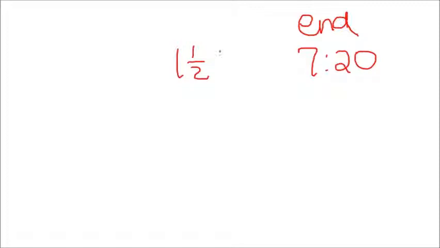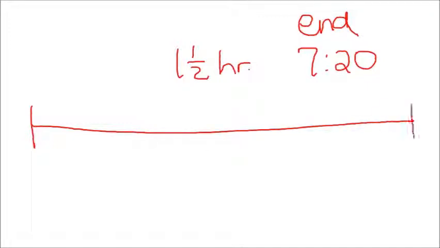Let's have an end time of 7:20, and it took 1.5 hours to take place. Okay, so again, same thing. I draw my number line. I know my end time is 7:20. I'm going to start off by subtracting 1 hour.